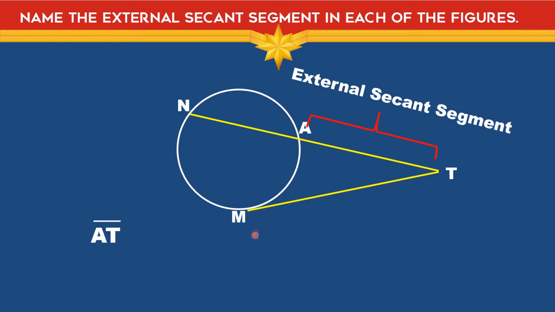It is not. Why? Because it touches the circle in just how many points? One. And if it touches the circle in just 1 point, what do you call it? Yes, it is a tangent. Therefore, if it is a tangent, of course we have no external secant segment because it is not a secant. Okay?